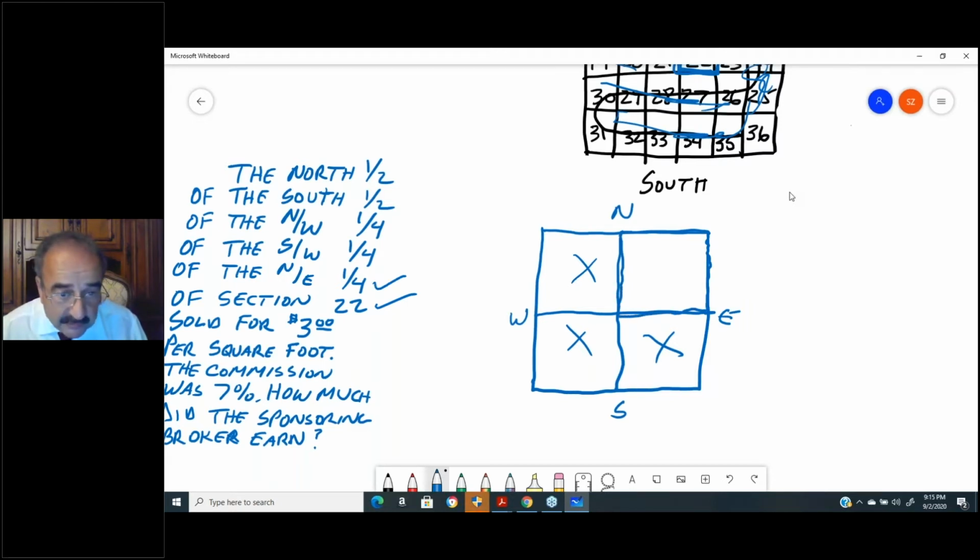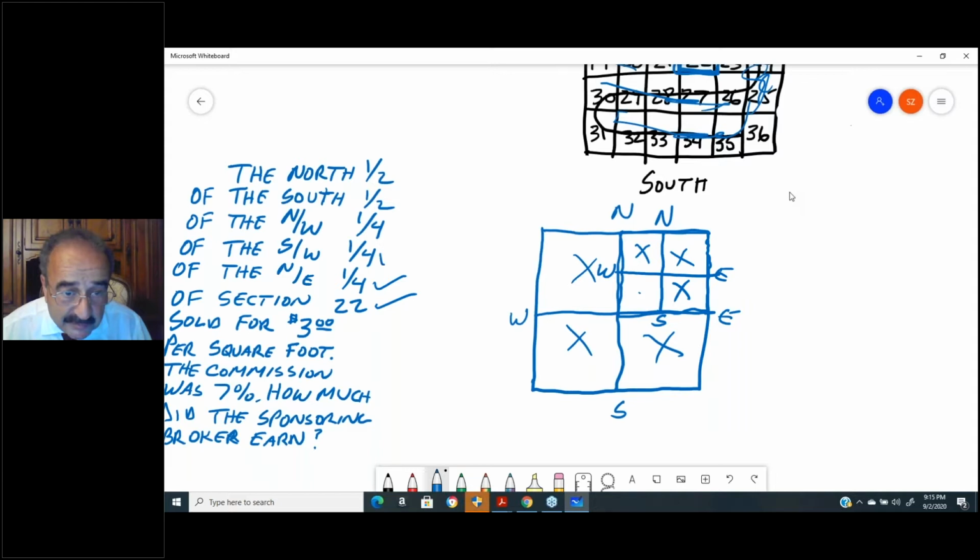That part's done. So what's left over, because all the other sections are gone? I want the southwest quarter of this, so I need to quarter this again. Draw my compass points. What I want now is the southwest quarter, which is this one here, which means I don't want this.